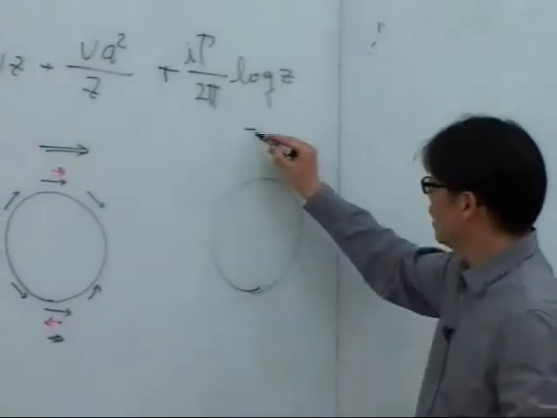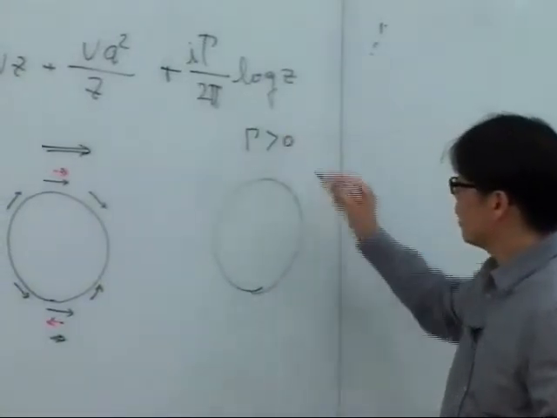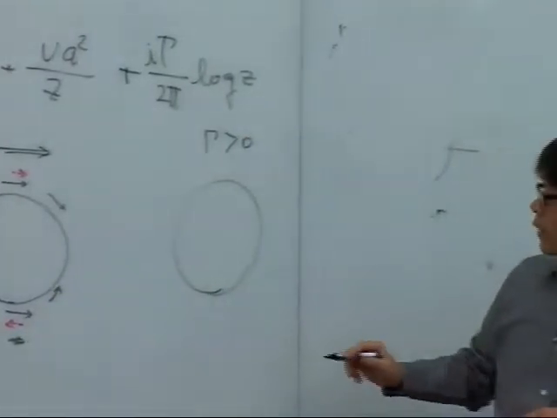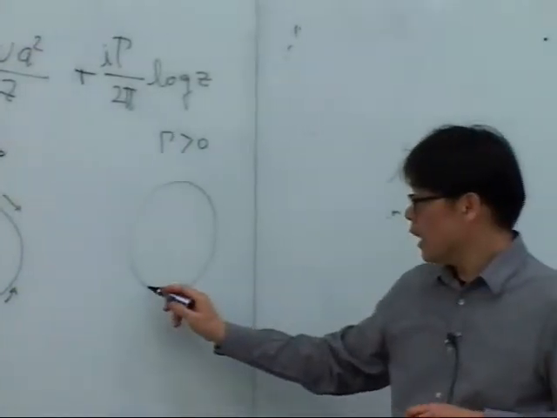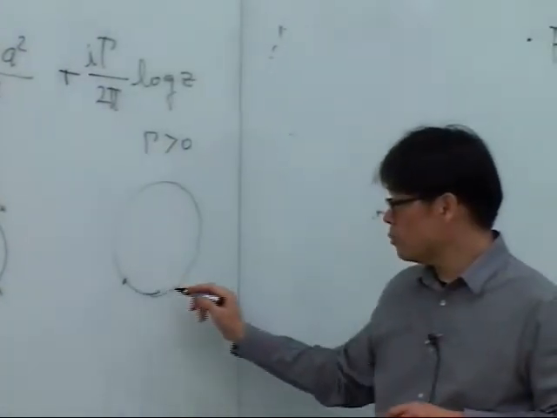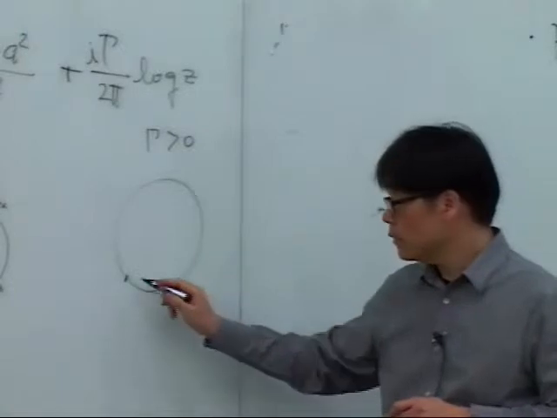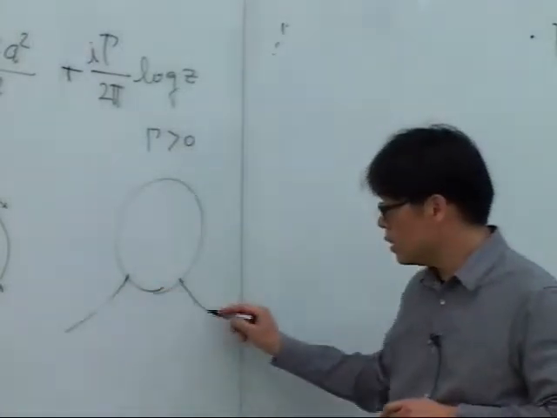Gamma is positive, and then I could have a stagnation point here and here, like this.